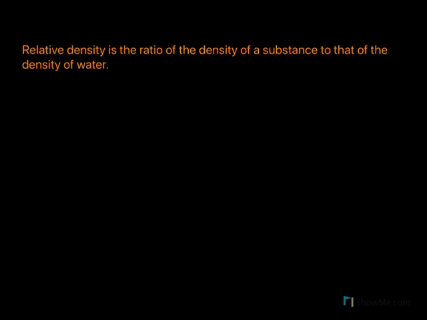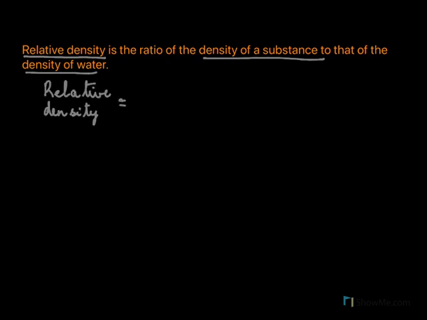We now learn another quantity called relative density. It is a ratio of the density of a substance to the density of water. So relative density is the density of the substance over the density of water.